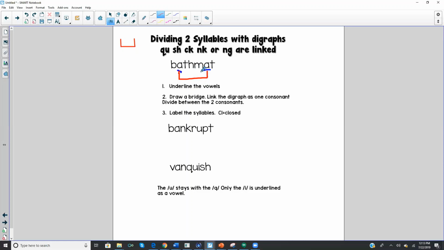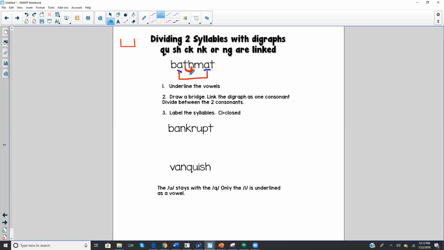And the way we're going to do that is, since a digraph is two letters that say one sound, we're going to draw a little arrow here and make them be one. And now we have this be one consonant.